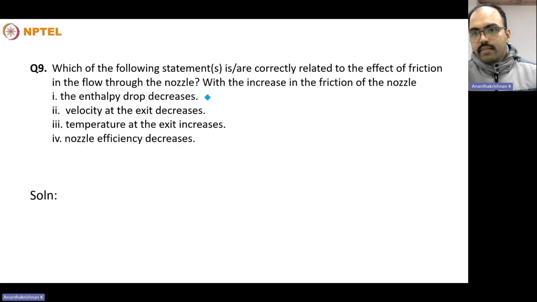So we know that the enthalpy drop that is required for developing work decreases. That means the amount of pressure energy that will be converted to kinetic energy will decrease.